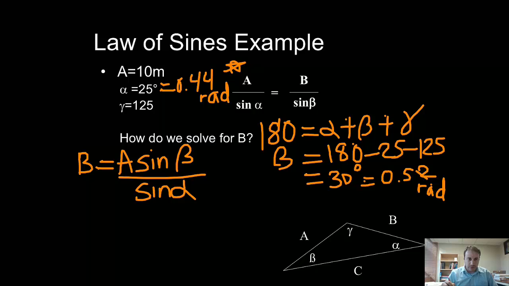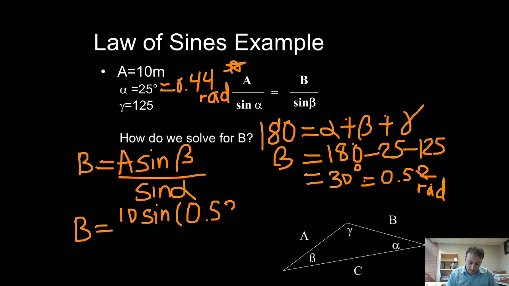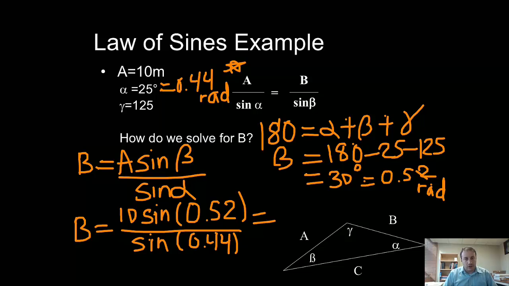If we plug in our known variables here, we can show that B is equal to 10 sine of 0.52 over sine of 0.44. And if we plug in all our numbers here, we'll show that B is equal to 11.7 meters.